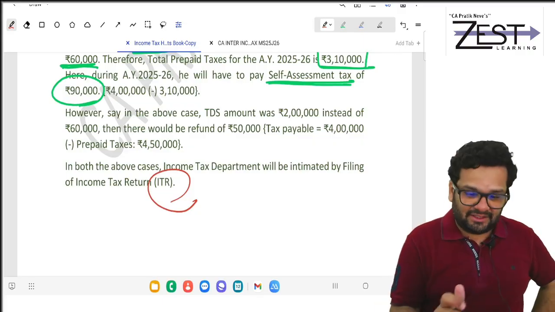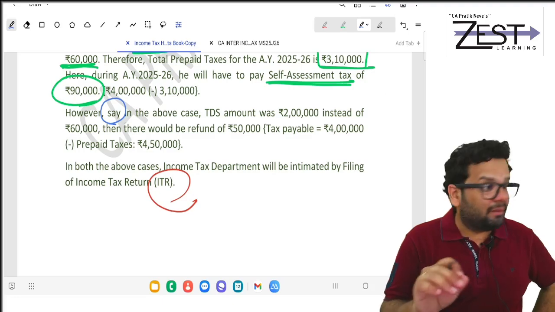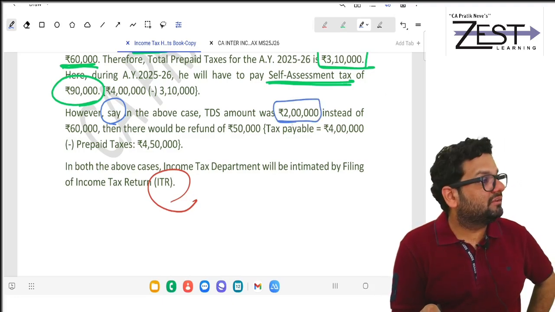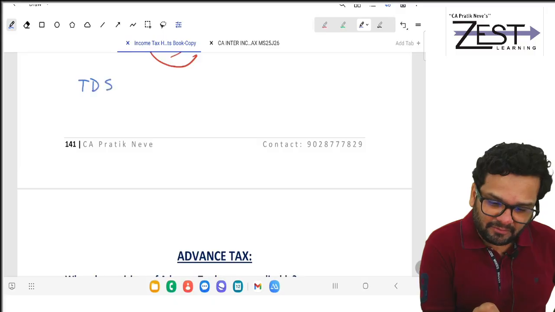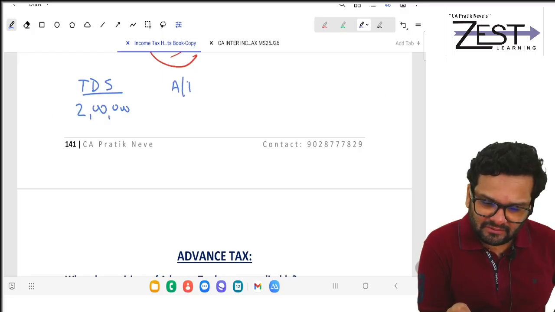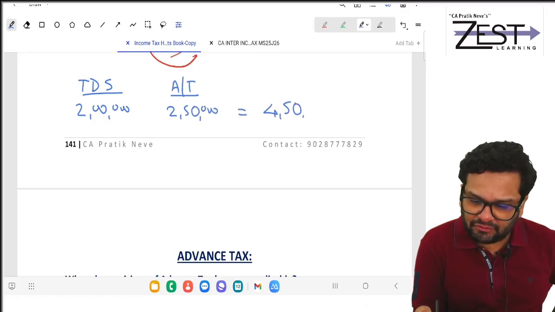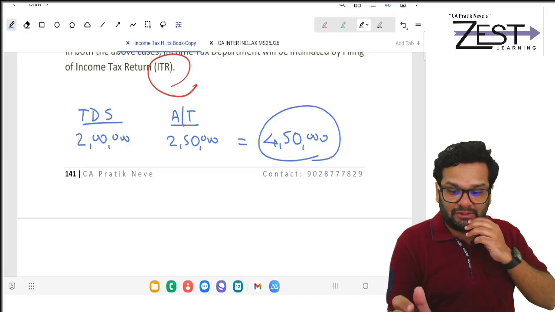Say, just as an example, in the above case TDS was 2 lakhs instead of 60,000. If TDS was 2 lakhs, and you know advance tax is 2 lakh 50,000, so in total you would have paid 4 lakh 50,000. But you know your actual liability is only 4 lakhs.